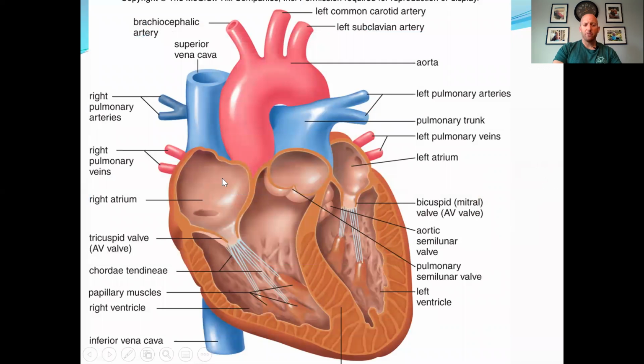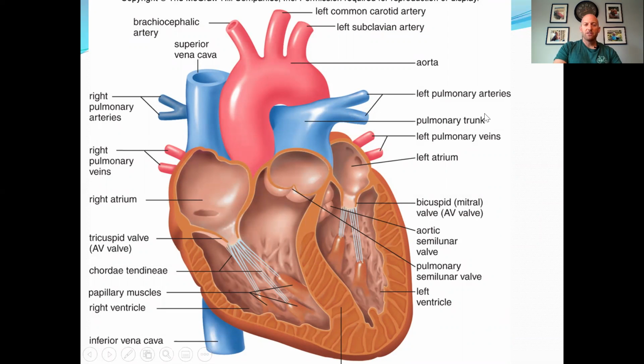This was a chart that we've done now, I believe, a couple of times. The right atrium pumps into here, then the blood flows out through the pulmonary semilunar valve to the pulmonary arteries. This is the only time that I'm aware of where an artery has oxygen-poor blood.